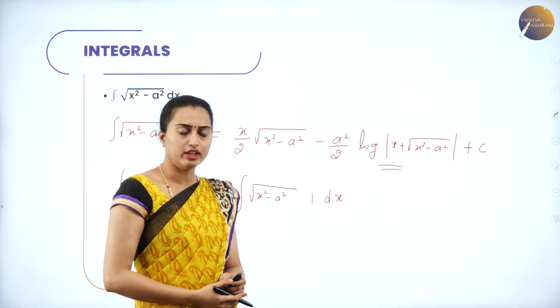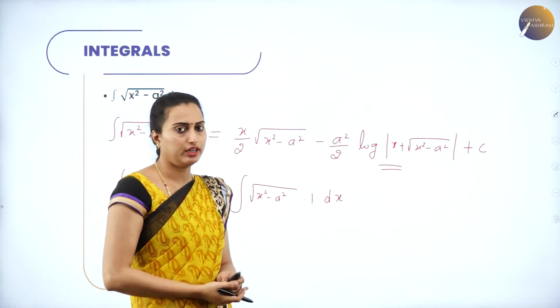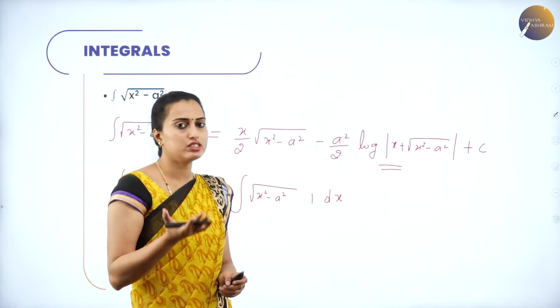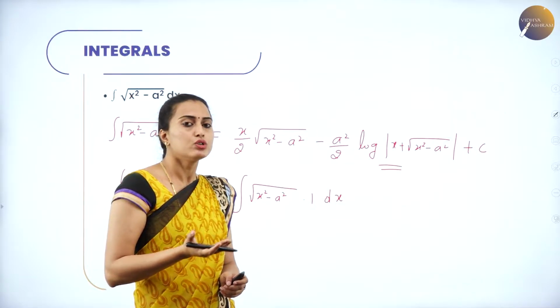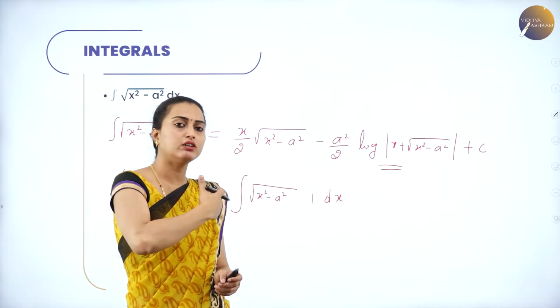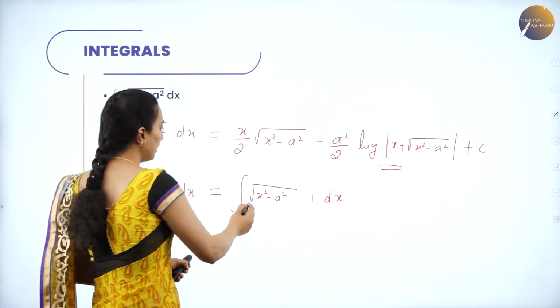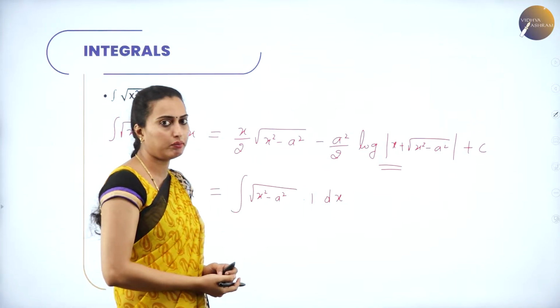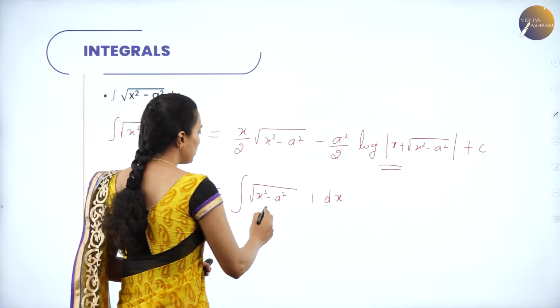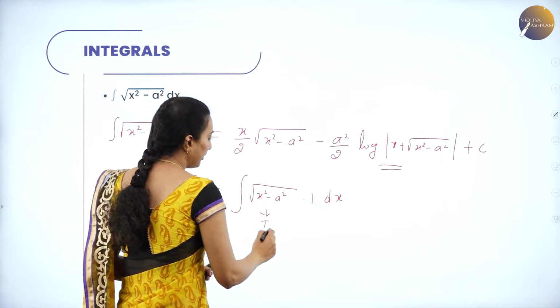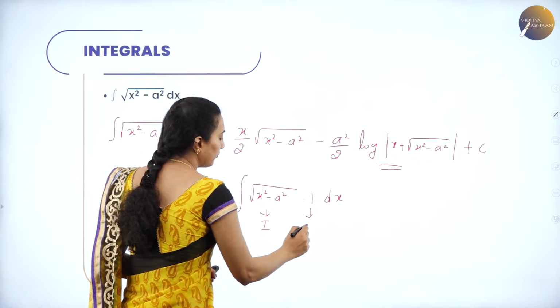So here accordingly, what is first you are going to take it as? Let me take 1 is nothing but it is a constant, right? So I am going to take the constant function will come at last. So first it will be algebraic. Algebraic is nothing but under the root of x squared minus a squared. So let me choose this one as a first function and then let me choose 1 as a second function.